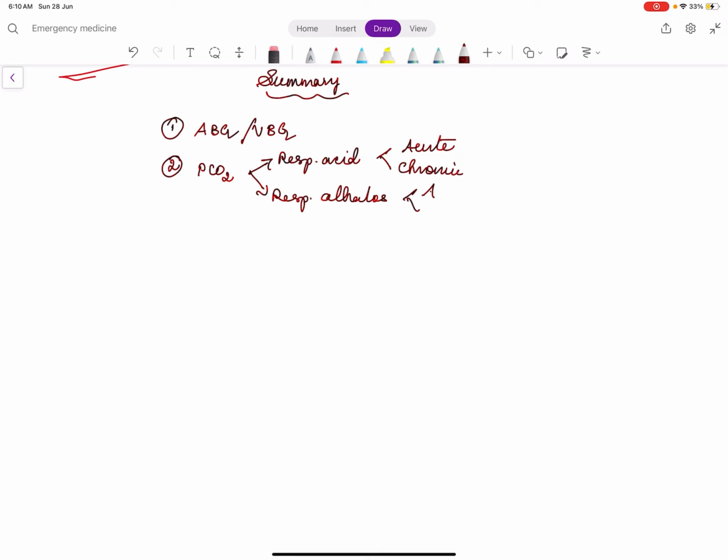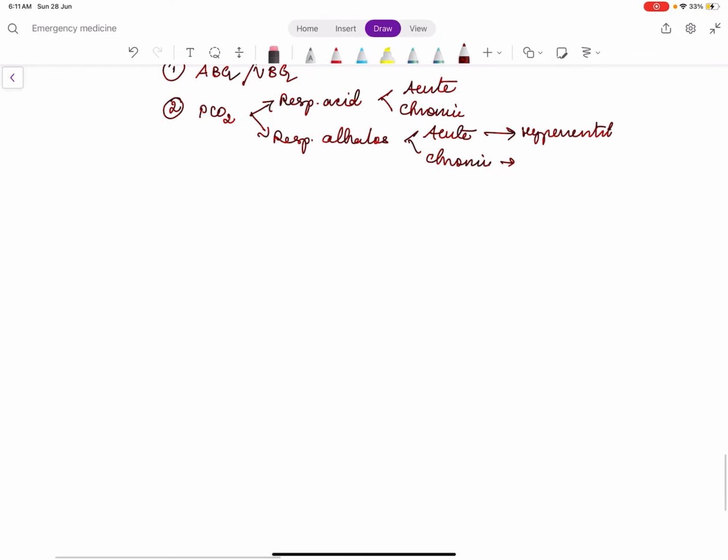Again, it may be an acute respiratory alkalosis or a chronic respiratory alkalosis. Acute respiratory alkalosis usually occurs as a compensation to metabolic acidosis. This manifests as hyperventilation. Chronic respiratory alkalosis usually occurs at high altitude.